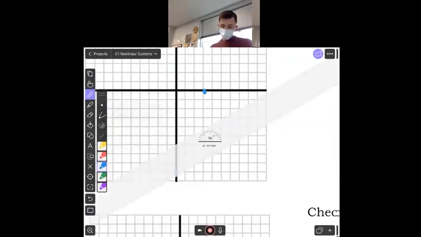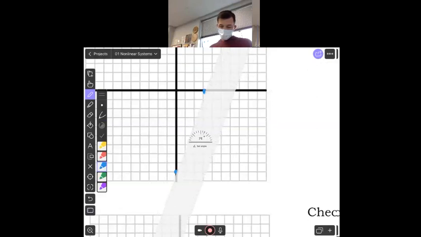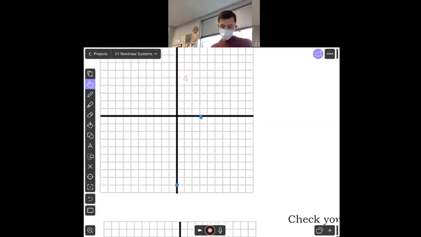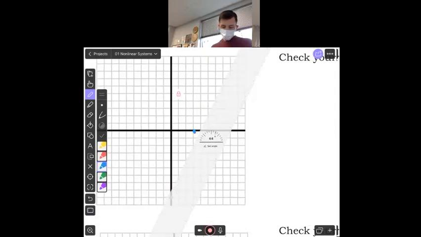So it's a line. I'm going to use a straight edge to do that. Too zoomed in. All right.